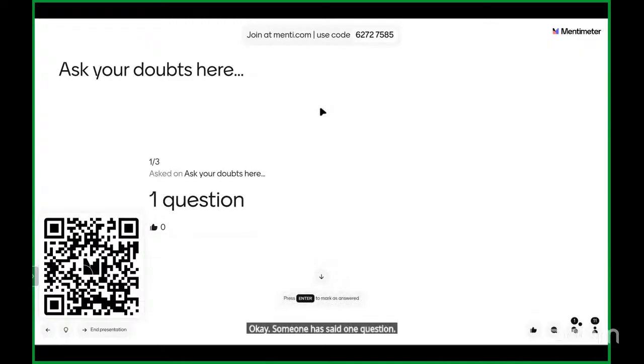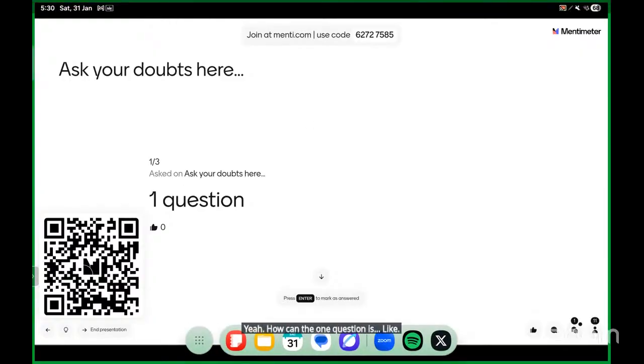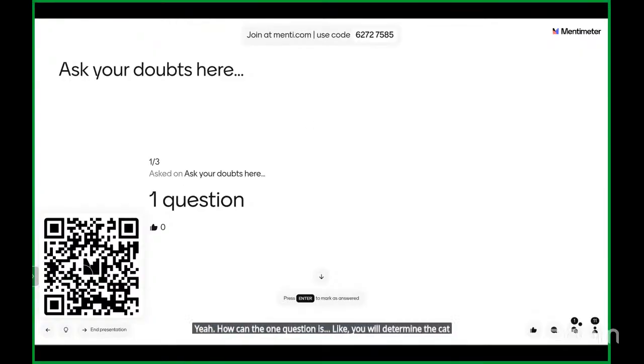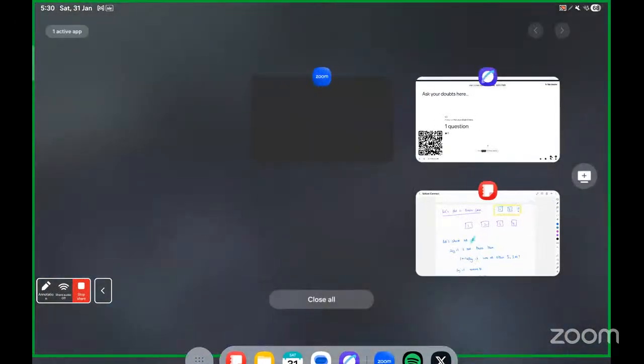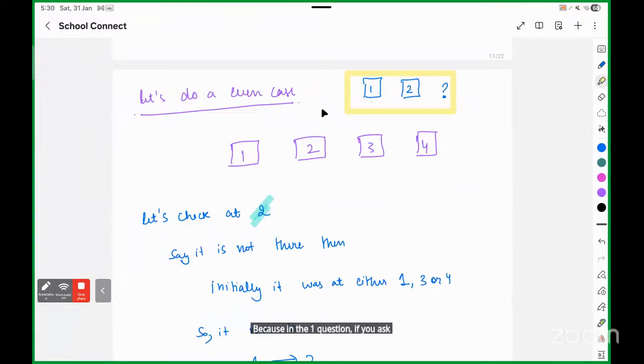But one question only determines where the cat is; I think you will need two questions to finally find the cat. Because in the one question, if you ask whether the cat is at 1, and the answer says no, then you know the cat is at 2, and now it will move again to 1. So you will ask again at 1 whether the cat is here or not.